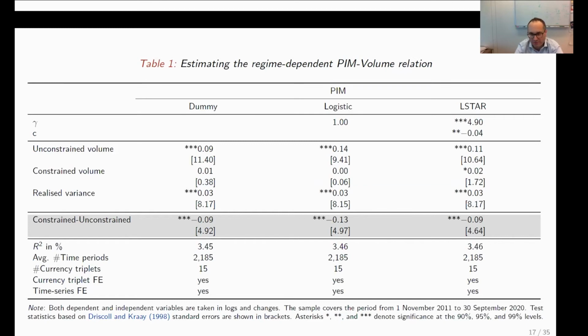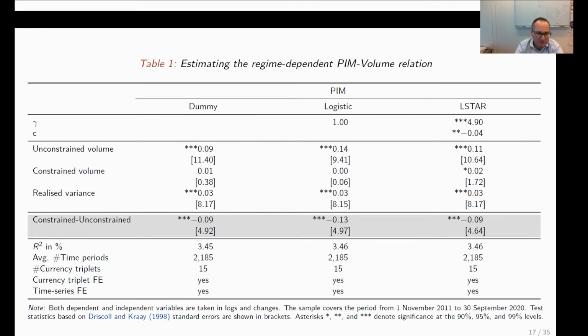So just to give an example here for the L-star model, we have 0.11 for the coefficient in the unconstrained regime versus 0.02 for the constrained regime. And so overall, a significantly higher impact of intermediated volume on PIM in these unconstrained regimes.